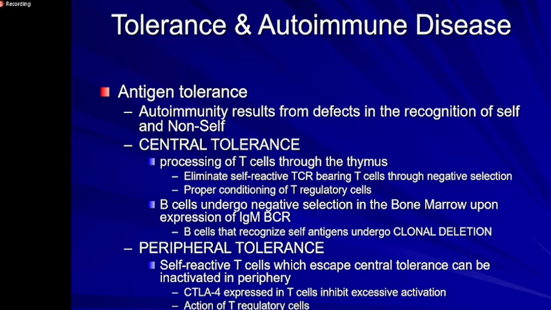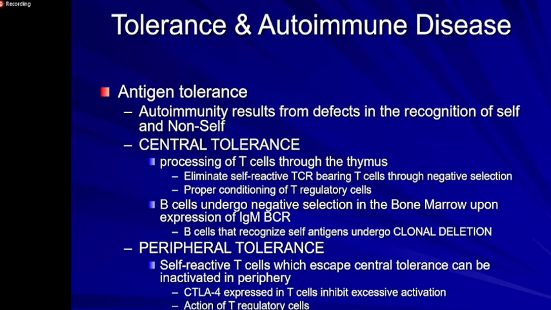So the B cells which can recognize the self-antigens, the receptor can be changed by reorganizing the genes. But the B cells which entire clone can identify self-antigens, again, they will die within the bone marrow. Majority of them will die within the bone marrow.